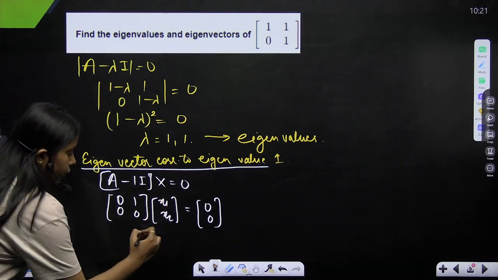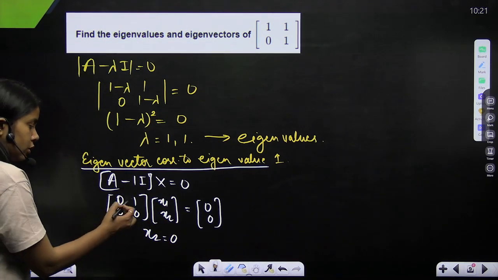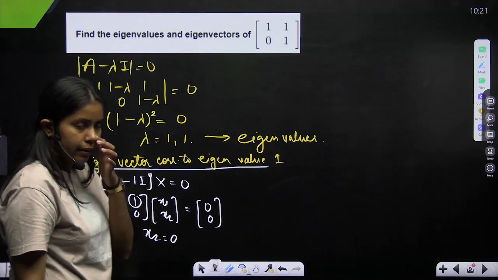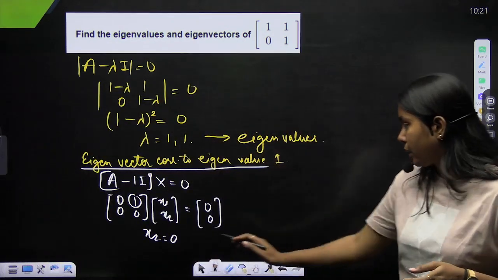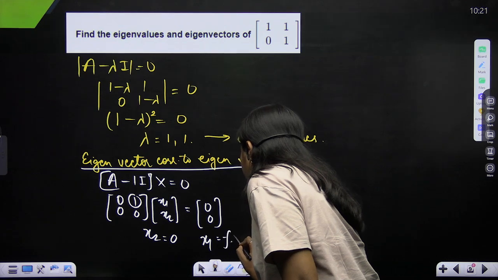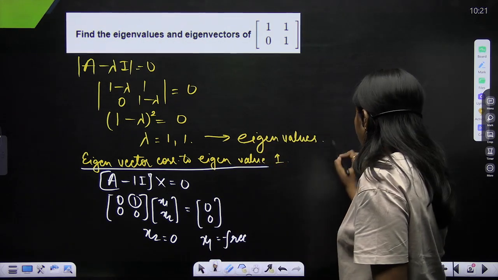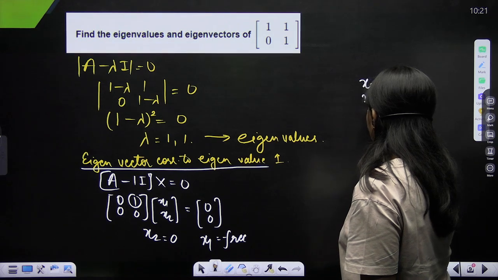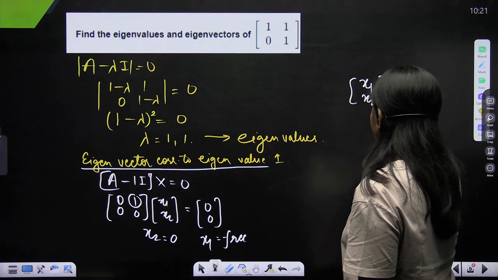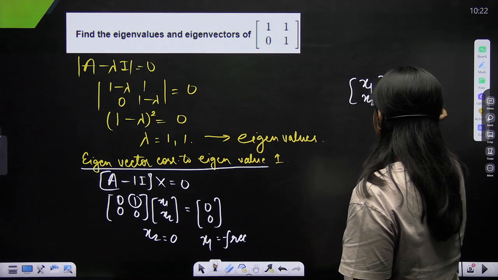So on solving, what would you get? x2 is 0, because that is where the first non-zero entry is. So x1 is your free variable. x2 I got as 0 and x1 is my free variable. So what would the solution be now? The solution, I am writing it here, x1, x2: x1 is the free variable and x2 is 0.